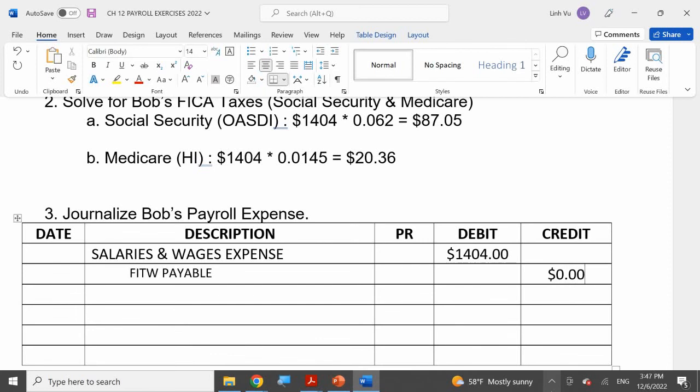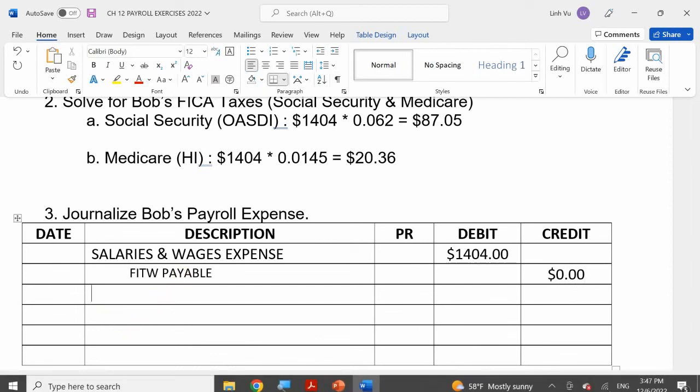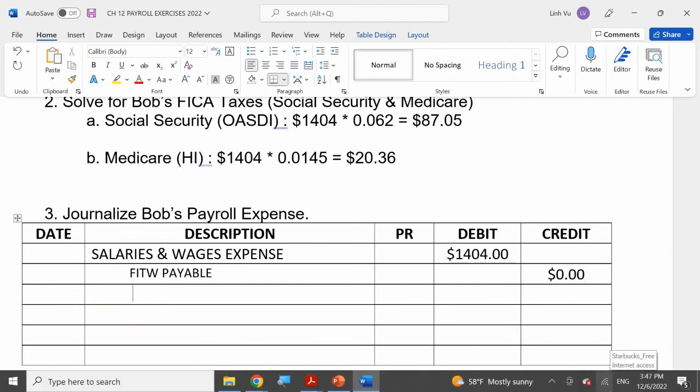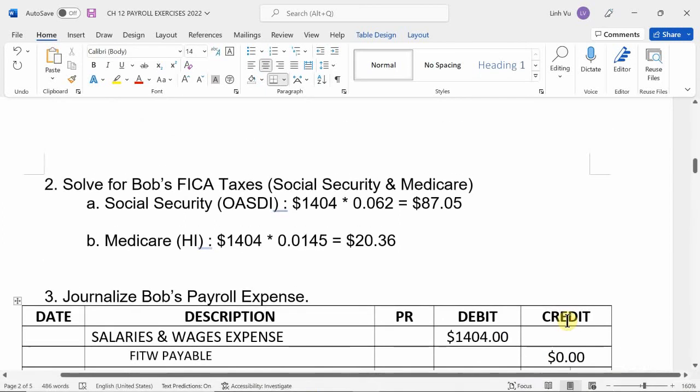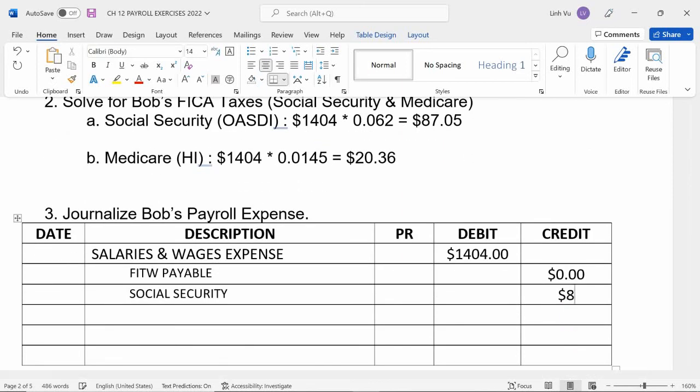Okay, so that means you wouldn't list it out here, but for this example, we'll list it out. He was subjected to Social Security for a total of $87.05.